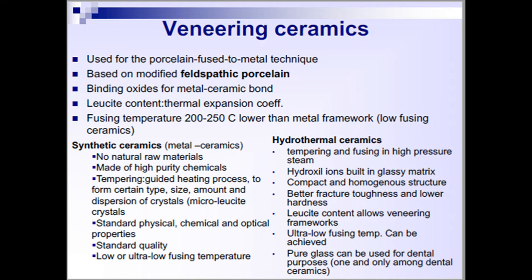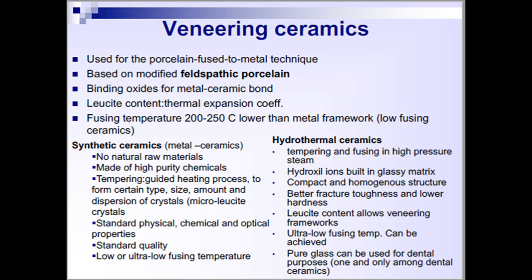When we are talking about fixed partial dentures, we have a metal framework which is known as the substructure. On top of that metal framework we are adding ceramic material as a veneering or layering material, so that the metal structure helps in holding the ceramic material, and it gives a good aesthetic result.